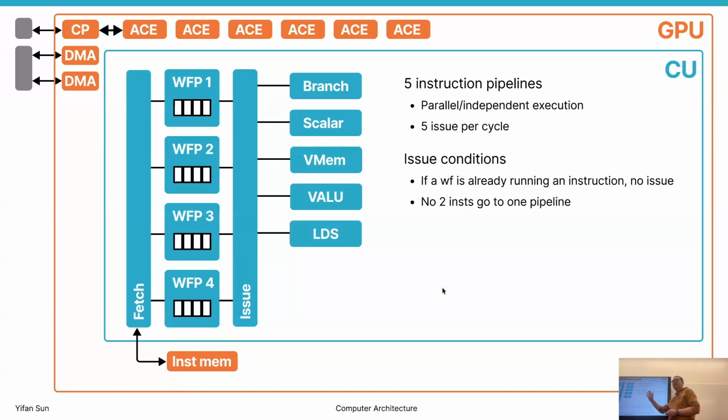Then we'll never have a hazard. Because if we load, it must be loading for another instruction, for another wavefront. Then it's another set of data. So we will never have this read after write problem. It's totally isolated. No parallelism within one wavefront.